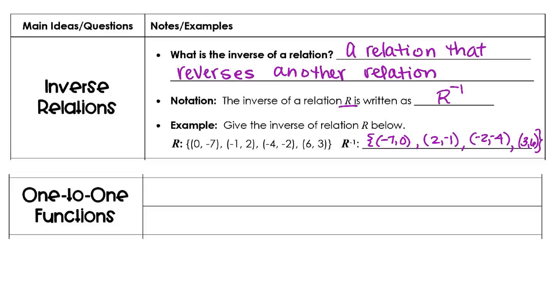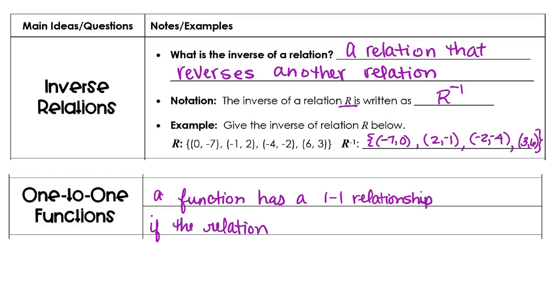So again, that definition: a function is one-to-one if the relation and its inverse, and make sure it's both of them, are functions.